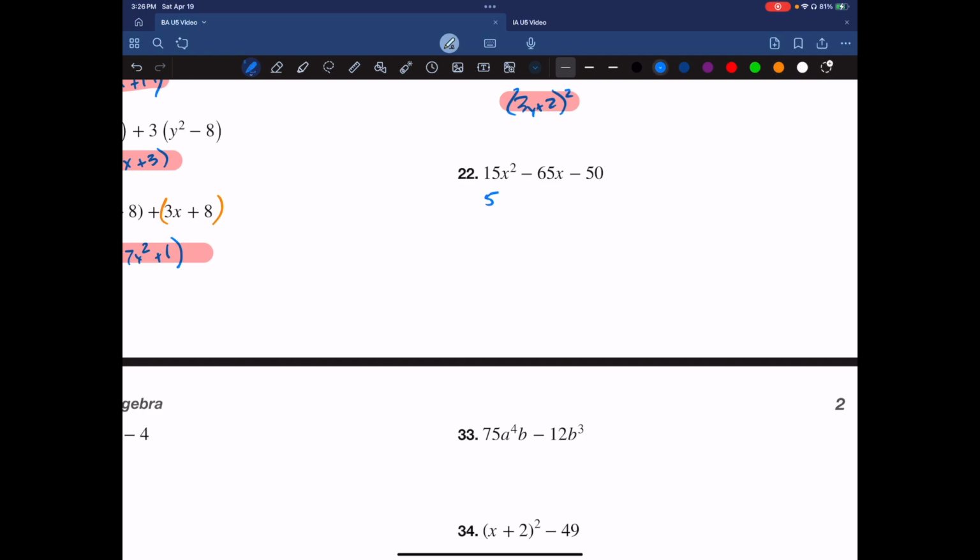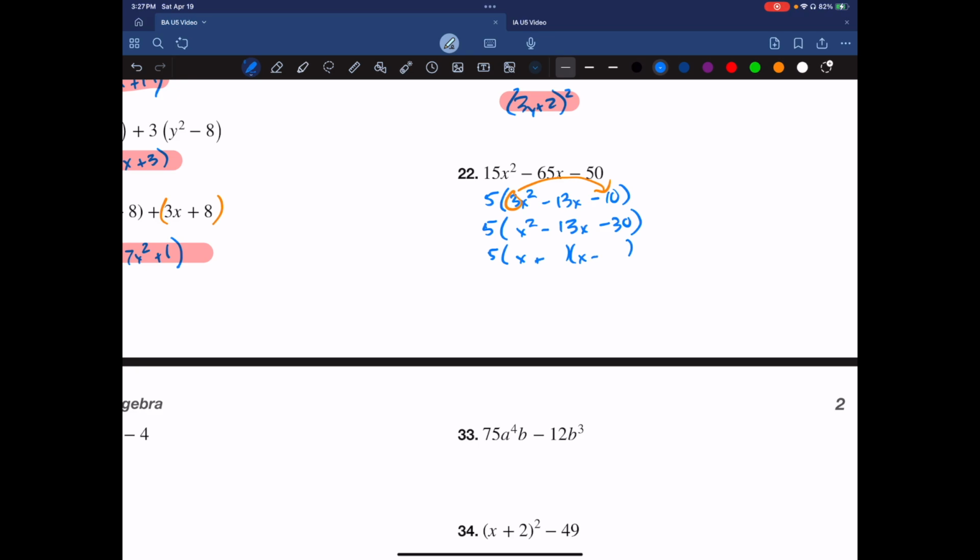In 22, you need to take out a GCF first before you go forward. It would be really great if I could take that 15 out altogether, and then I could just factor straight up. But 15 doesn't go into all those terms, 5 does, so I'll take out at least the 5, and that's going to leave me with 3x squared minus 13x minus 10. Then this is very similar to what we just did, but now I can take the AC method of the inside. And so that's going to be 5 times x squared minus 13x minus 30. But because that second sign is negative, it's going to change the numbers that I use.